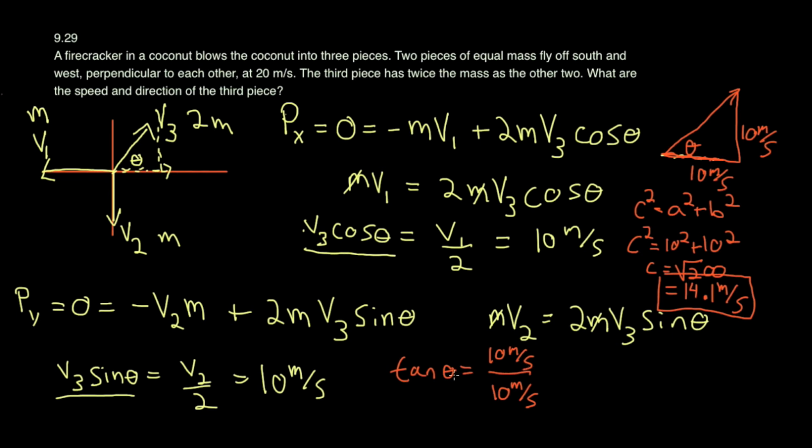And so to figure out this angle right here, theta, all we have to do is inverse tan. So theta is equal to tan to the negative 1 of 1, and this is going to be equal to 45 degrees. And that's going to be the angle that it shot off at. And so we have our speed and we have our direction, and that's it. So that's problem 9.29.